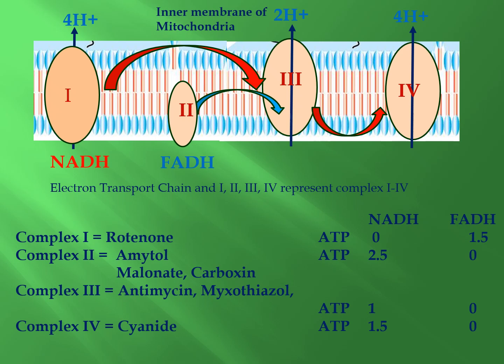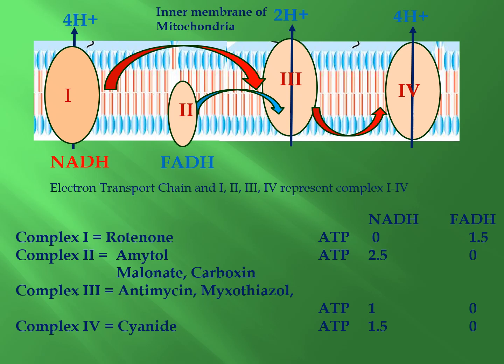Now coming to the complex 3 inhibitors, examples are antimycin and myxothiazol. In this case, from complex 3 onwards the H ions will not be transported from the matrix to the intermembrane space, but complex 1 remains undisturbed.